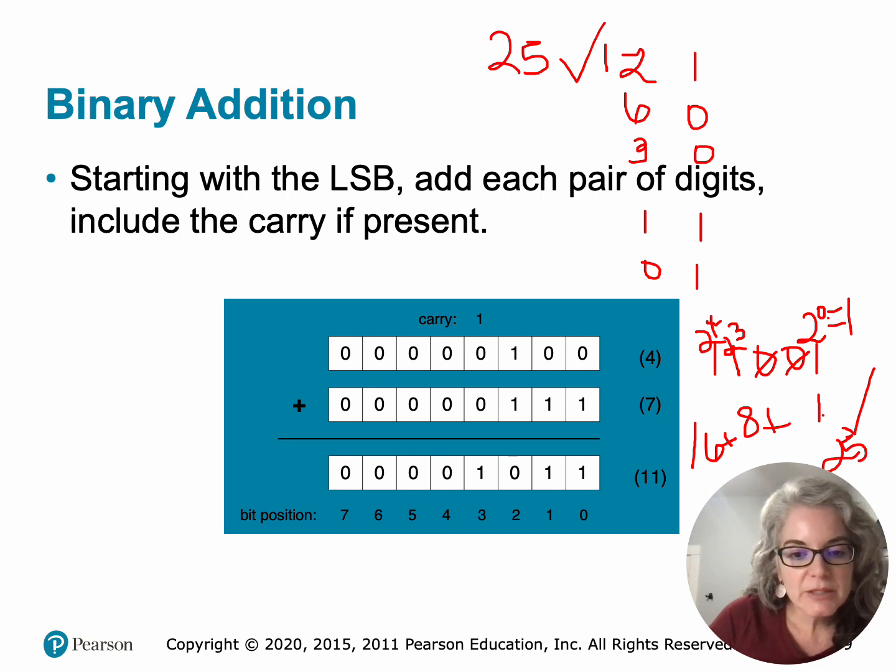We can't write a 2 here, so we're going to write 0 and carry a 1. And this will be 10000. So whenever you have 2, you're going to write 0 and carry a 1. And that's for addition. It's pretty simple.